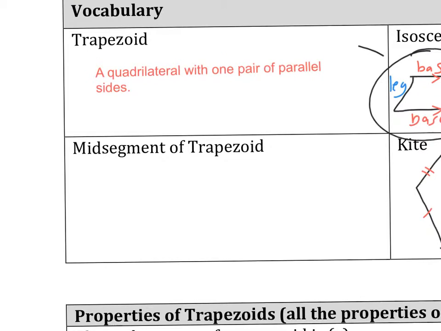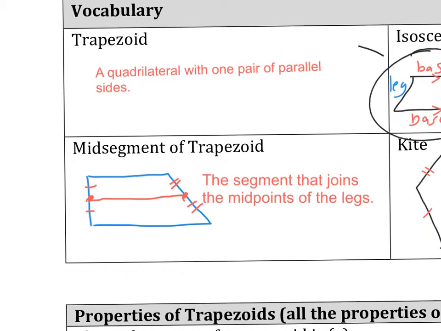And the last thing is about any trapezoid. So I'm going to draw a common trapezoid like so. And a midsegment is exactly what you think. It's the segment from the midpoint of one leg to the midpoint of the other leg, such that we have congruence there and congruence there, and the segment that joins the midpoints of the legs, right there.